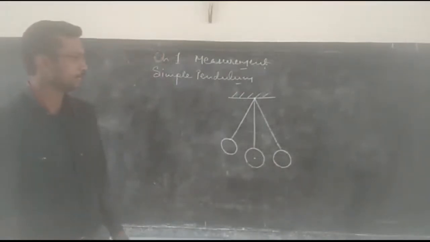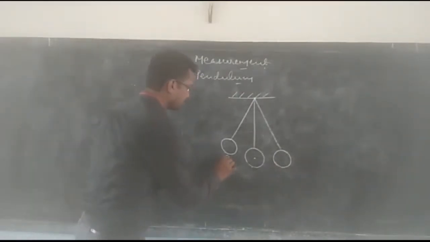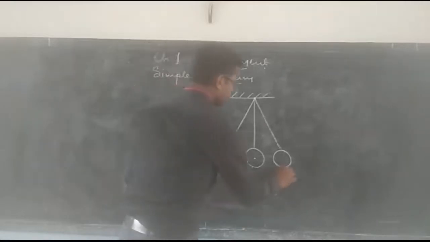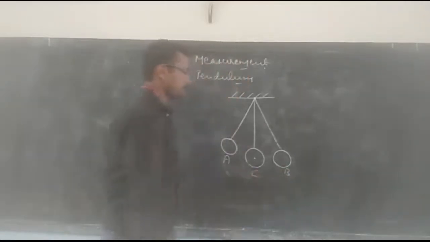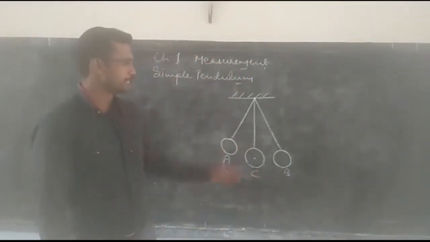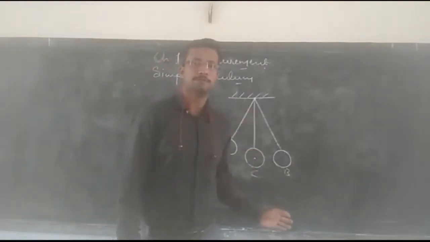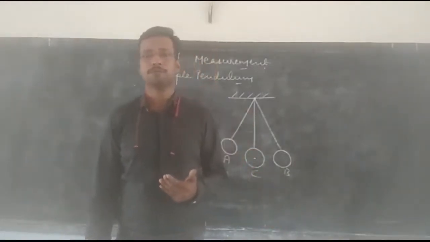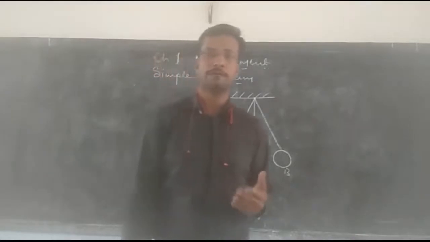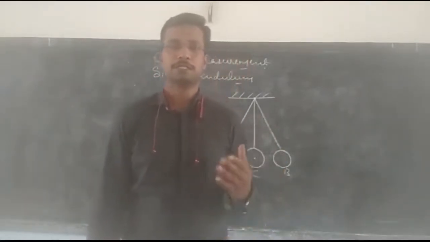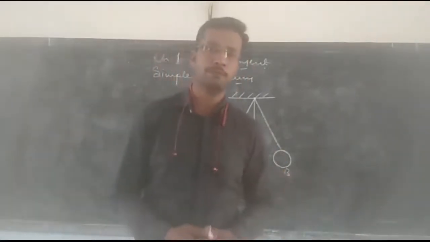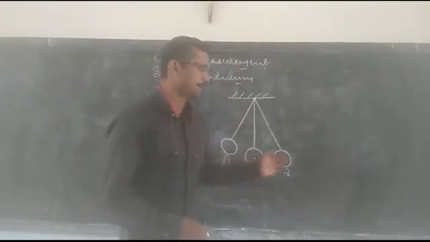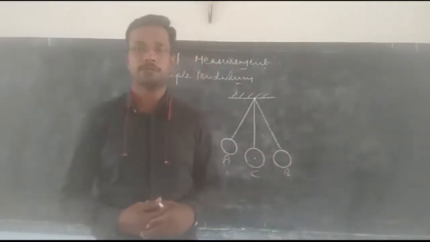So you can see here, if you take this position as A, this as B, and this point as C. So C is called the mean position, and when the pendulum oscillates, it starts moving on either side of the mean position, that is A and B, which are called extreme position.